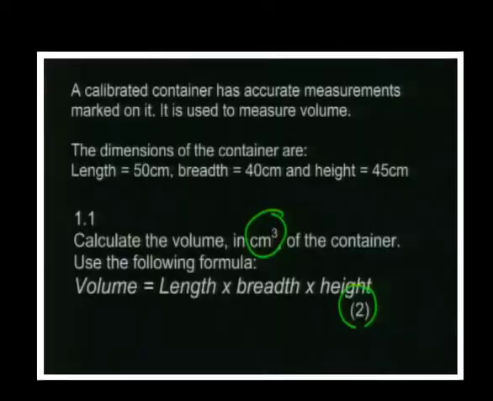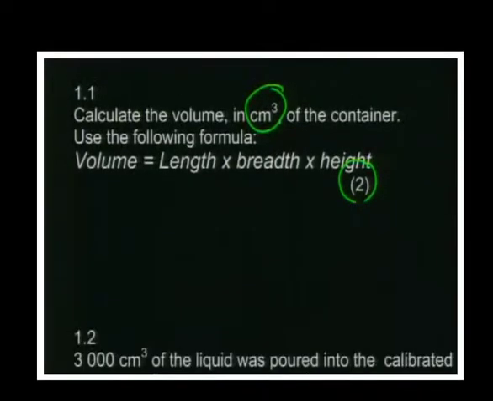My answer is not going to be a page long or even half a page long. It's probably just going to be 2 or 3 little lines. So, calculate the volume. First thing, we're going to use the formula that's given to us. So I'm going to write volume equals my length times my breadth times my height.